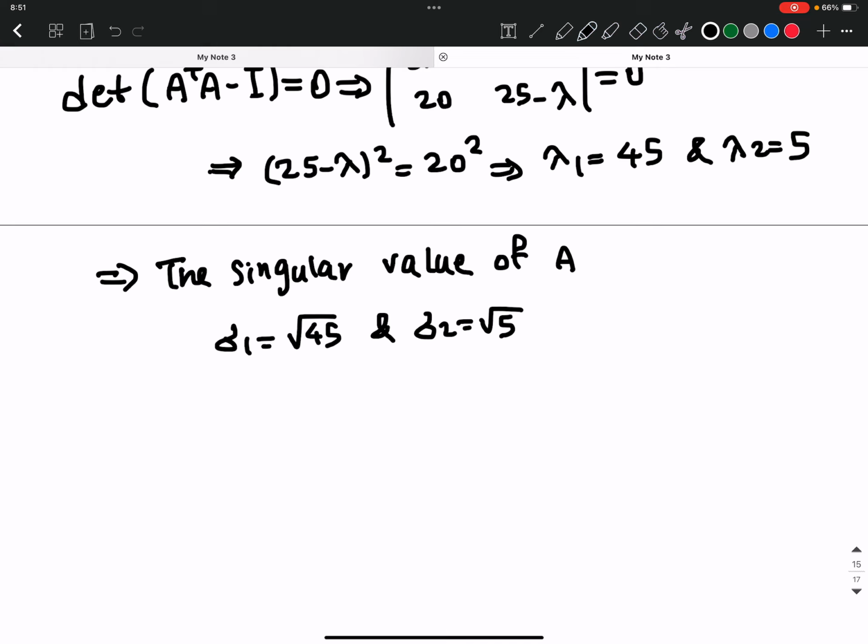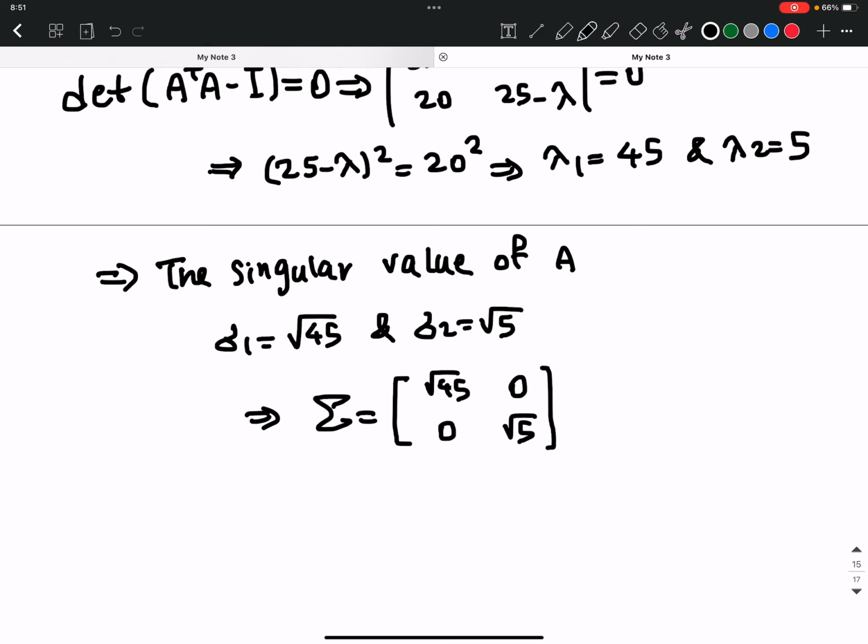Okay? So then I can simply construct my sigma matrix: square root of 45, 0, 0, square root of 5. Okay, so I found my sigma matrix.